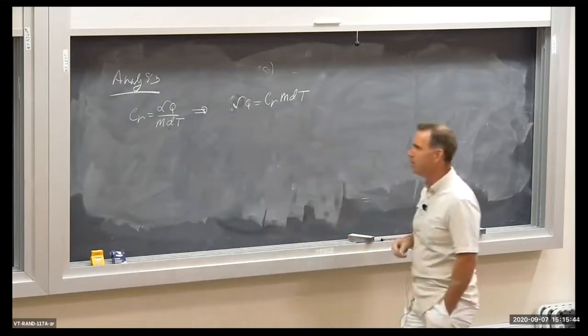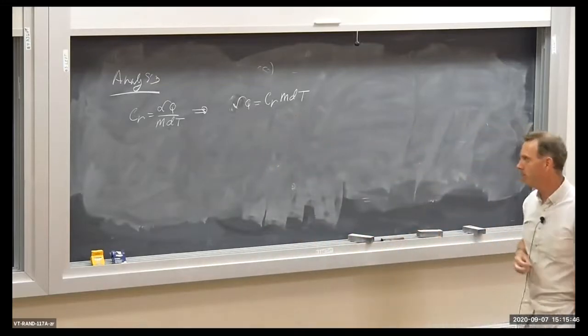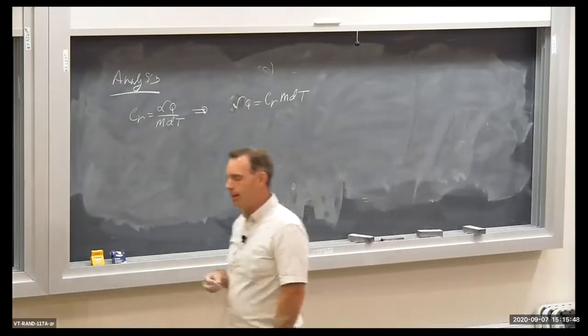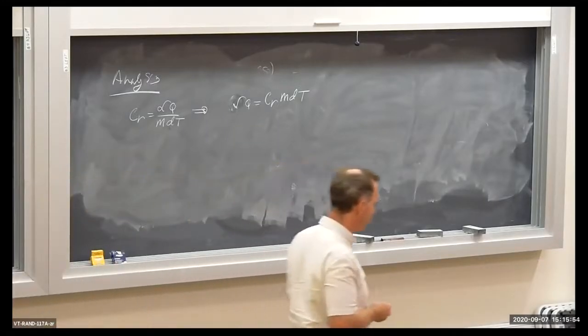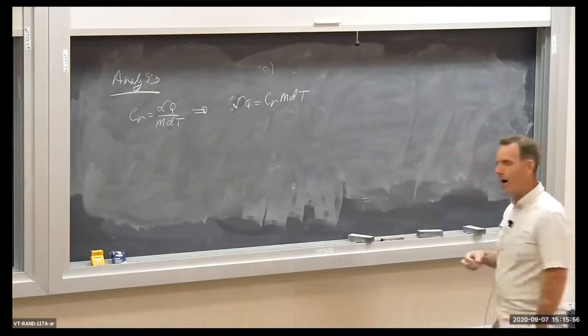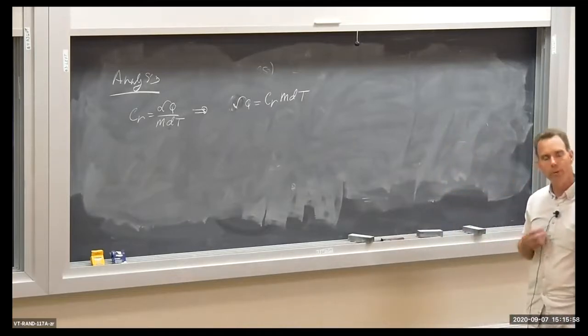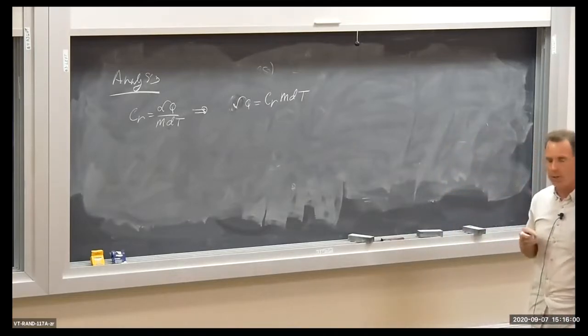Okay, so all I did is solve for del Q. Now, del Q is an infinitesimal or differential heat transfer. I want to get the total heat transfer per unit process from state 1 to state 2.